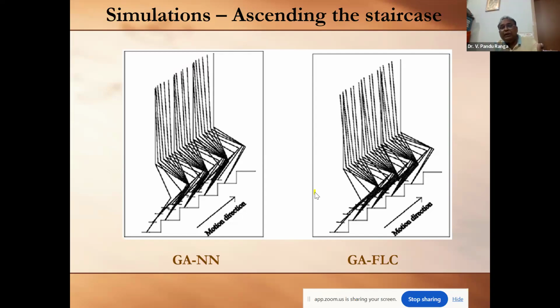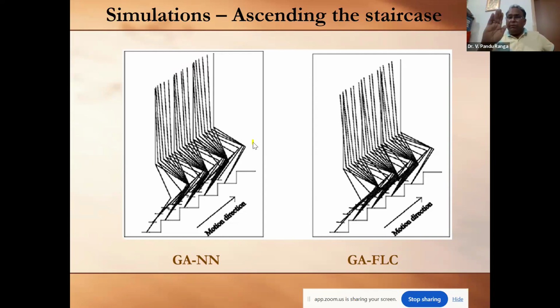But here, we have given the task completely to the genetic algorithm to design the best structure and evolve the best knowledge base for the fuzzy logic controller, and you could see that it has developed reasonably fair gaits.